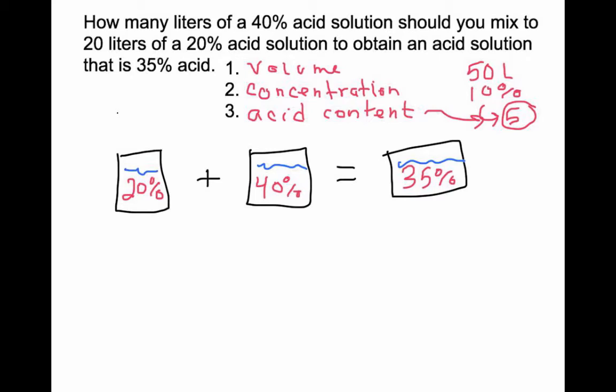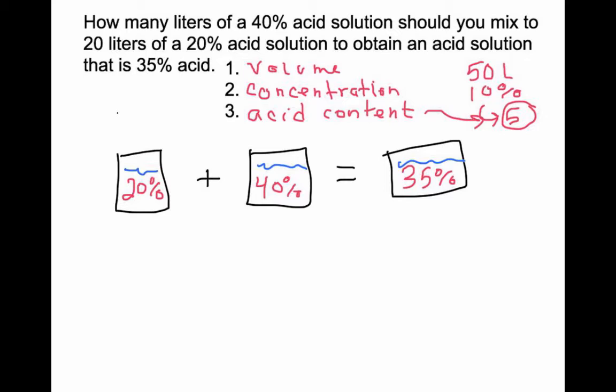Hopefully you can see why I chose 40 and 20 on this left side and 35 on the right side. It's because, according to the problem, I'm mixing a 40% solution and a 20% solution. Those are the two I'm putting together, and I want that to equal, when I mix them, a 35% acid solution. So hopefully this picture is okay here.